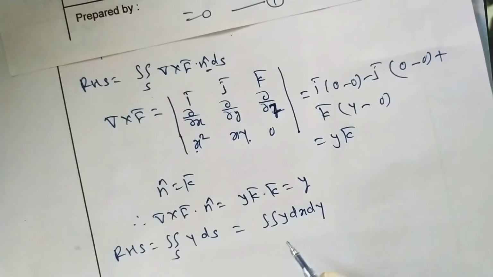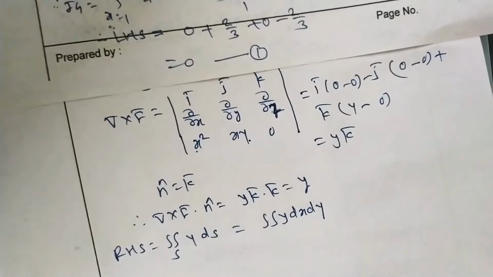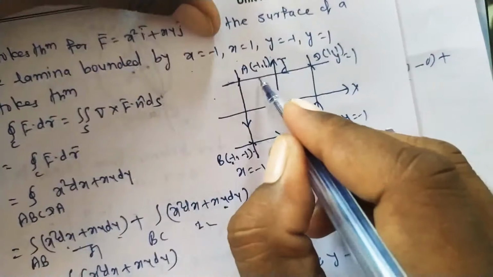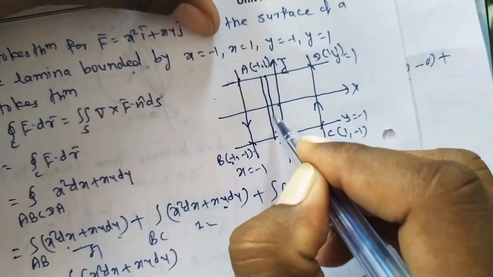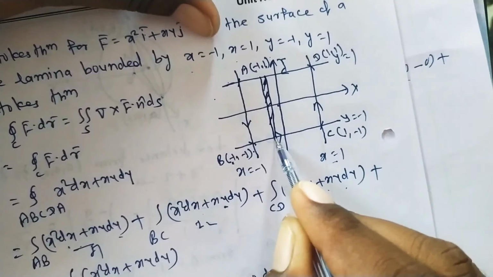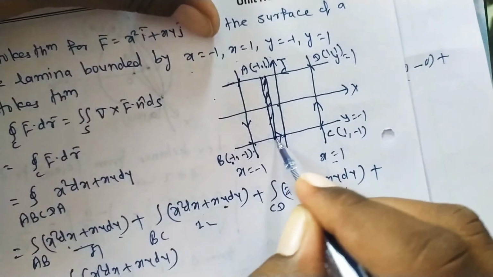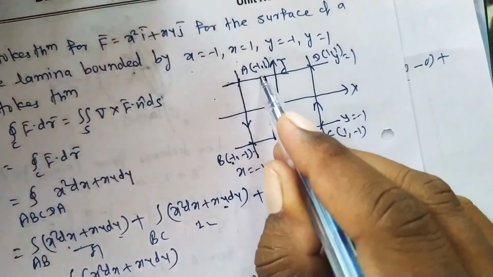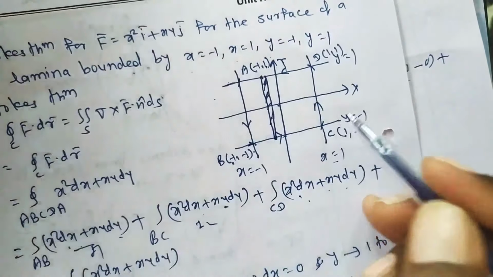Now for solving this double integration, we want limits of x and y, and those are given in the problem, or we can draw here one strip. If we draw, suppose, a vertical strip here, this strip enters where y equal to -1 and leaves where y equal to 1, means at lower end y equal to -1, upper end y equal to 1, and x varies from -1 to +1.